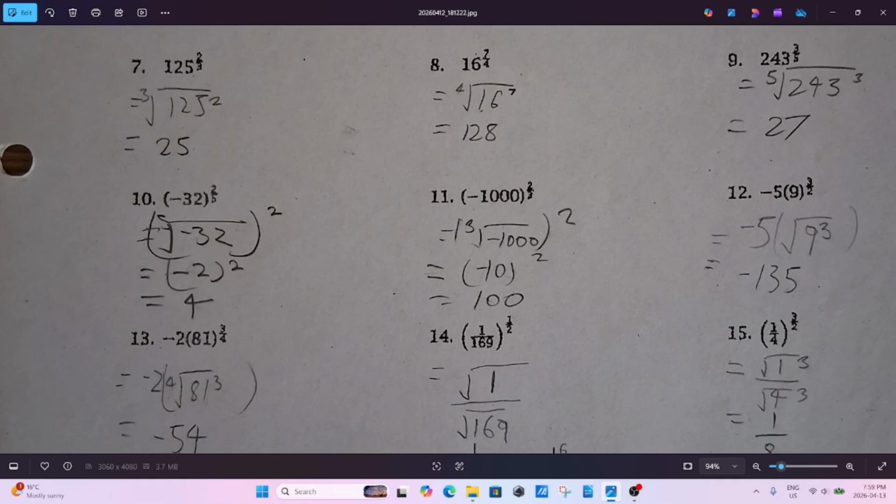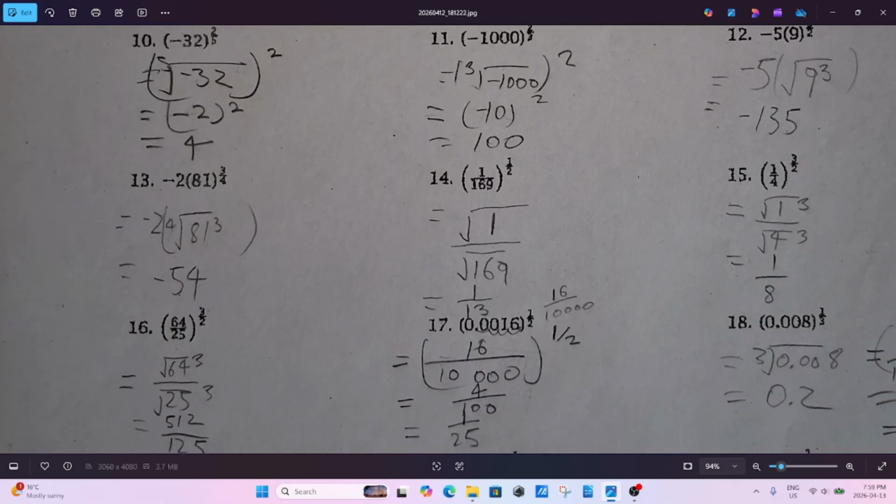Question 9. 243 to the 3 over 5 is equal to fifth root of 243 to the exponent 3, so that is 27.